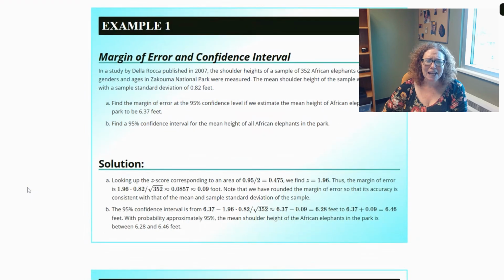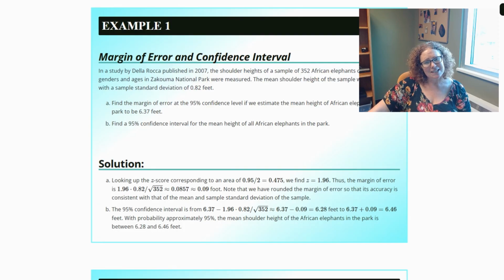So, this one is kind of cool: the shoulder heights of 352 African elephants of mixed genders and ages in a national park. They got the average shoulder height of the sample, which was 6.37, and the standard deviation. And so we want to find the margin of error at the 95% confidence level.